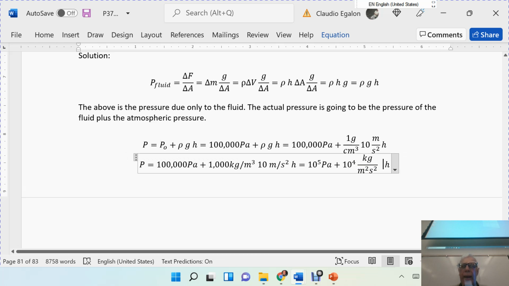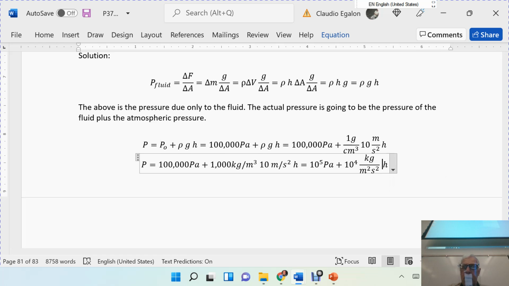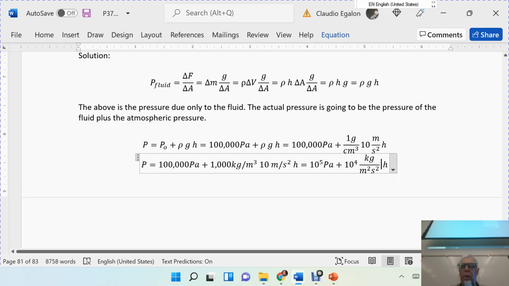That's what we get. And H is going to be in meter. So when you take the units of those two that I'm underlining, that I'm emphasizing, you get Pascal.